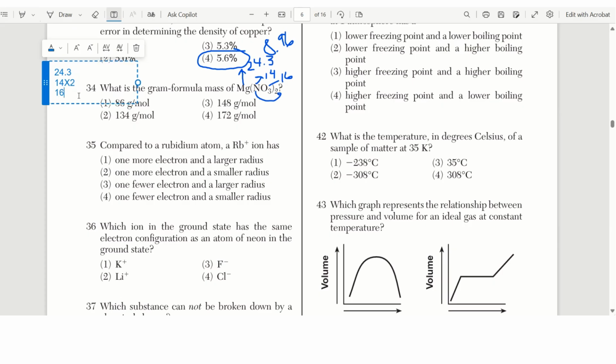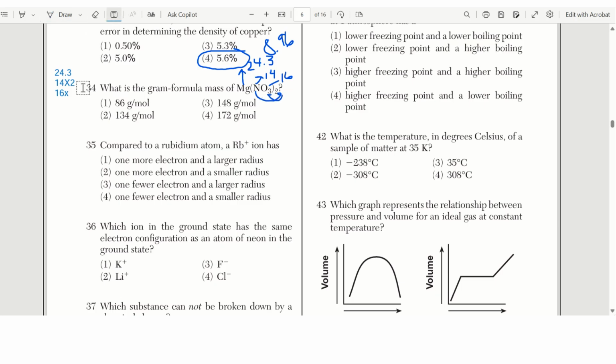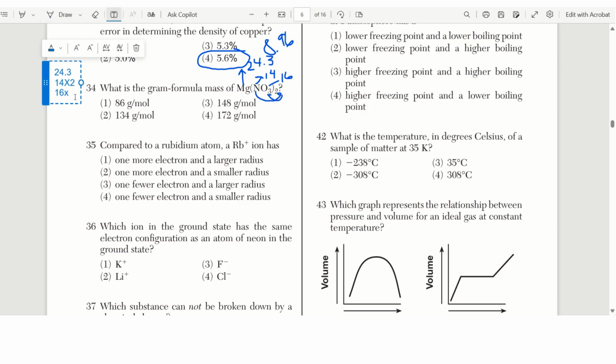And oxygen was 16 times. How many oxygens are there? Well, it's 3 inside the parentheses times the 2 outside. So it's 6 oxygens, right? So that means it's 24.3, right? 14 times 2 is 28. 16 times 6 is 96.